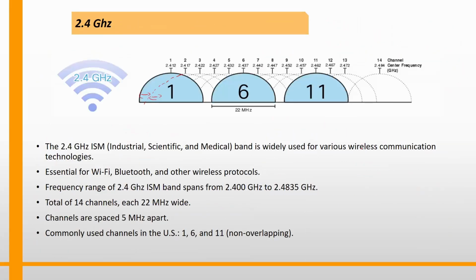So now let's focus on the channels and bands. Another 15 minutes we will focus on channels and bands. Basically we are going to divide our radio frequency into different bands and channels.